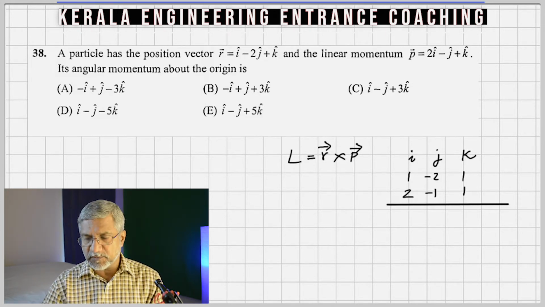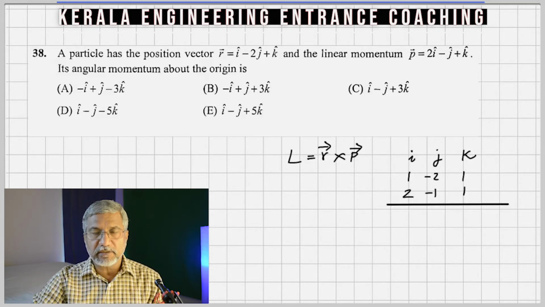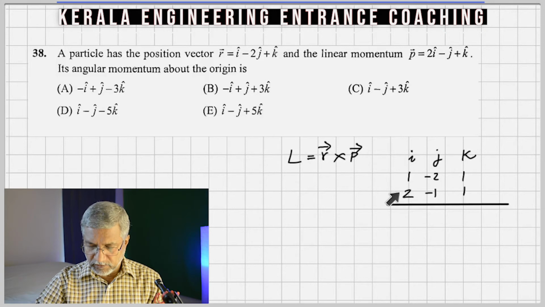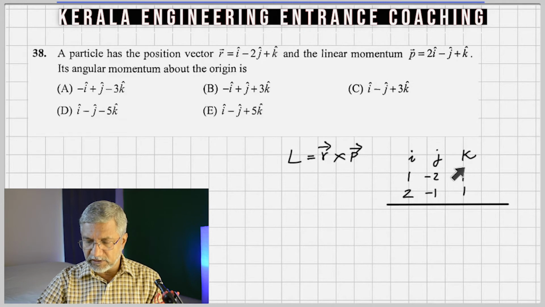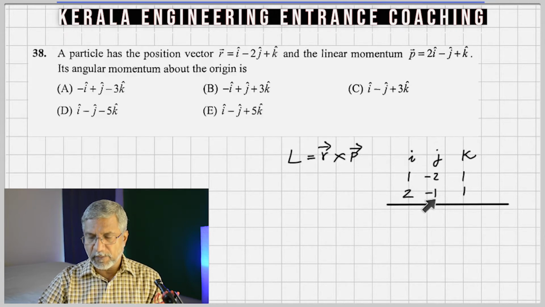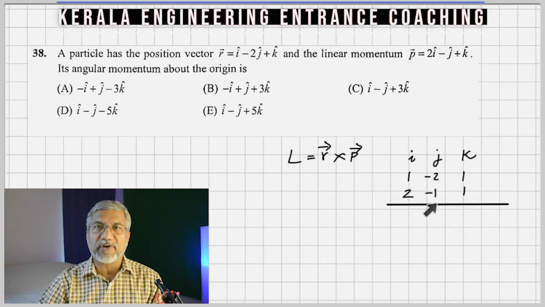To take the cross product, to get the coefficient of i, don't look at what is below that. Just look at this. Minus 2 times 1 minus 1 times minus 1. So that's how you get the coefficient of i.